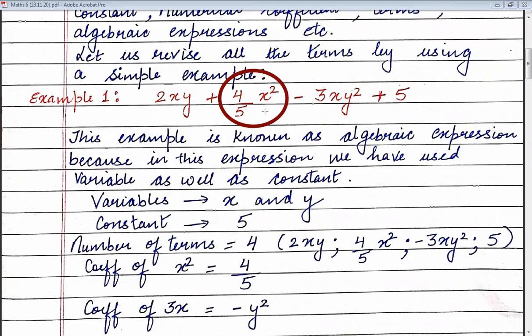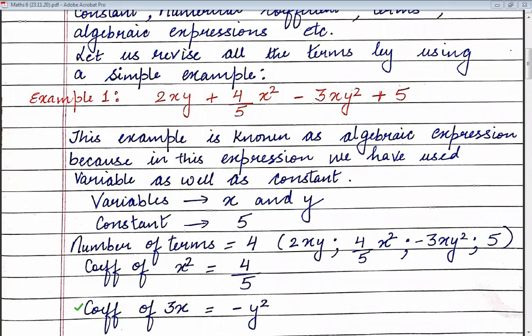Now find the coefficient of x square in this term. So the coefficient of x square is 4 upon 5.